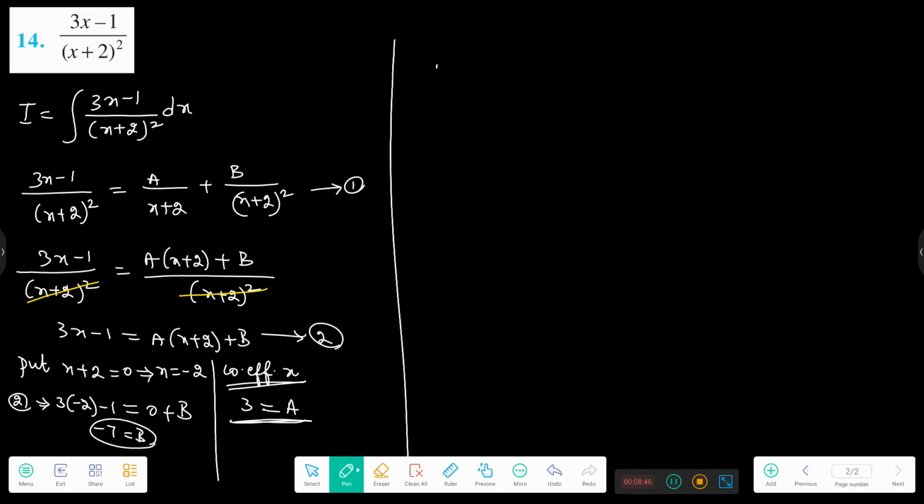Let's substitute in equation 1. So 3x minus 1 divided by x plus 2 whole square is equal to the a value 3 divided by x plus 2, plus the b value we got, minus 7 divided by x plus 2 whole square.